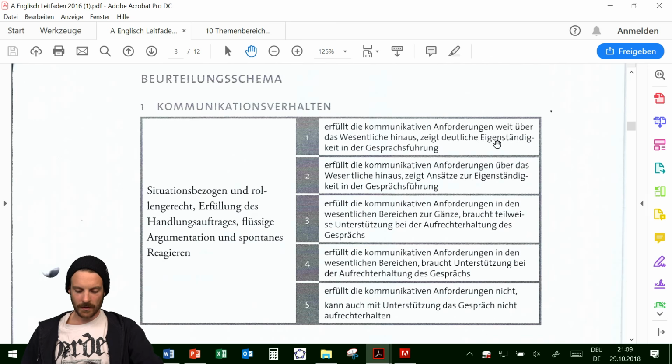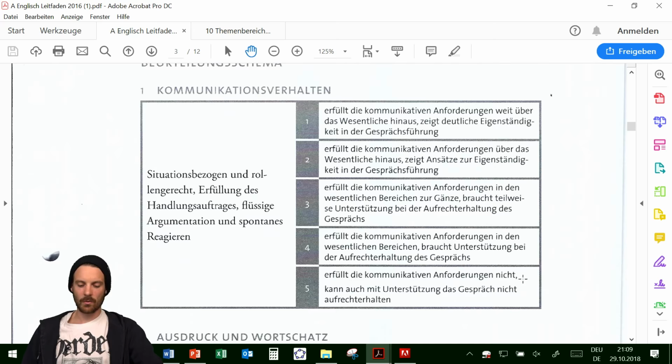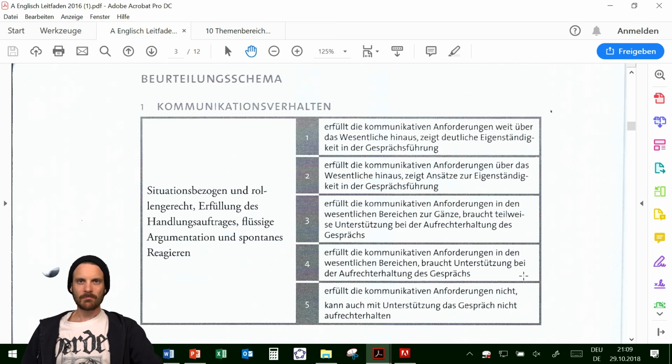The first one is you're completely able to lead a conversation, and the worst ranking you can get, or assessment basically, is that you can't really communicate, and even with support there is no meaningful conversation happening.